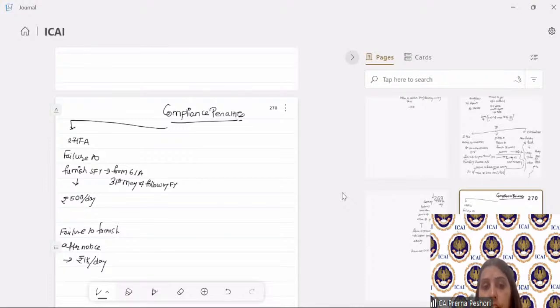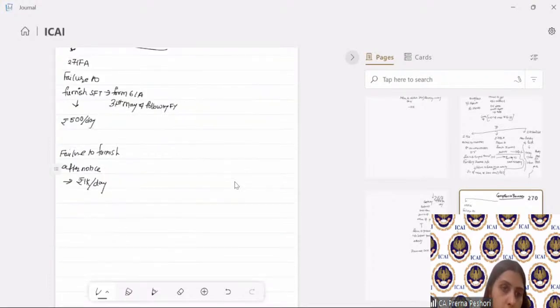And if you furnish an incorrect statement of financial transaction, then the penalty is going to be 50,000.